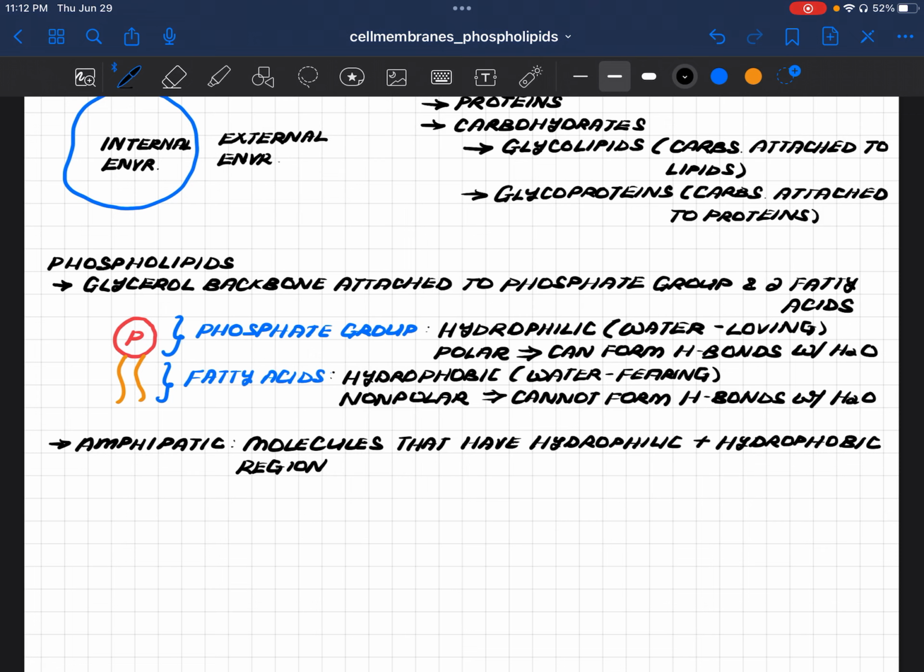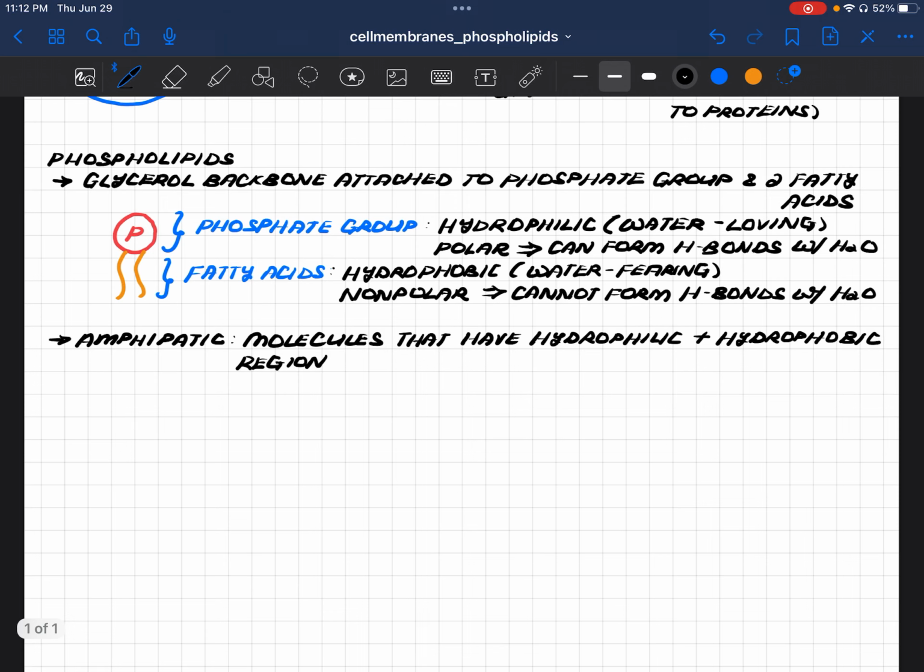Now, in an aqueous environment, such as one you might see in the human body, these amphipathic molecules, or these phospholipids, will spontaneously rearrange themselves. They'll rearrange themselves in a way that the phosphate groups will interact with water, and the nonpolar fatty acids will not be able to interact with water.